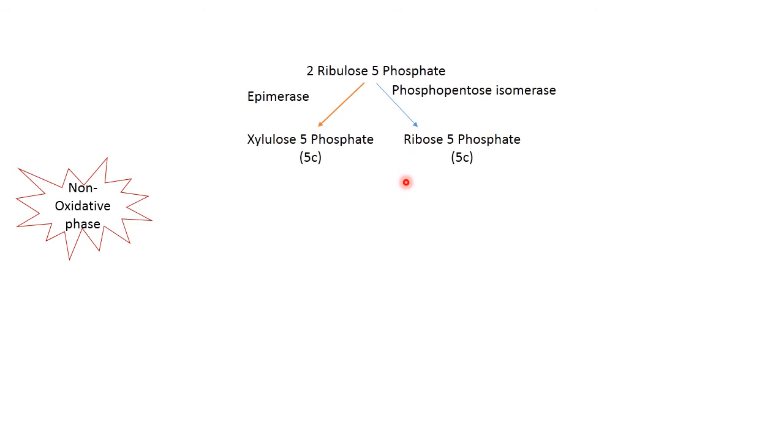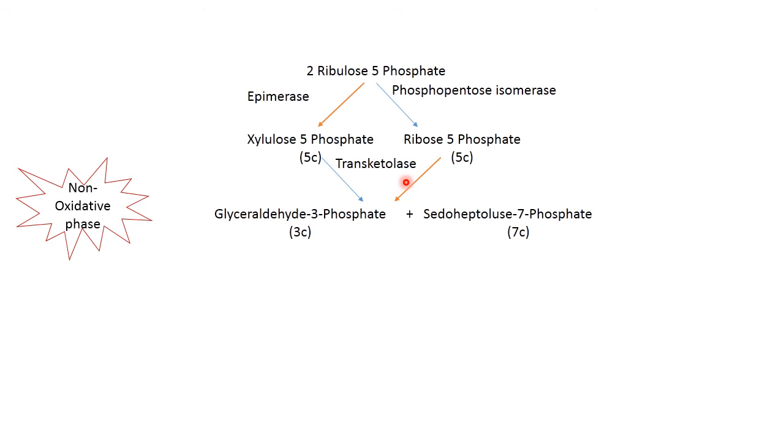Now these two again act together, and this reaction between the two 5-carbon sugars leads to the formation of the 3-carbon aldose sugar glyceraldehyde 3-phosphate and the 7-carbon keto sugar known as sedoheptulose 7-phosphate.